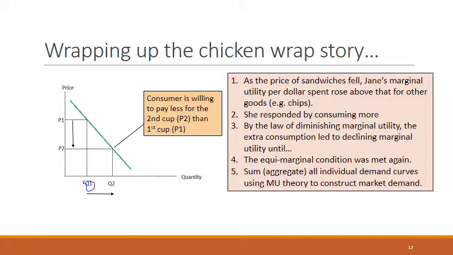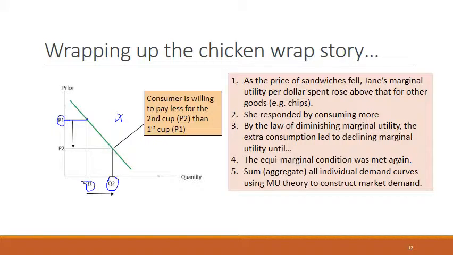Okay, she's prepared to pay a maximum of P1. To persuade Jane to actually consume another unit of that product, in other words, to jump from Q1 to Q2, you have to lower the price because she's not prepared to pay P1 up here for Q2. She's prepared to pay P1 only for the first unit.